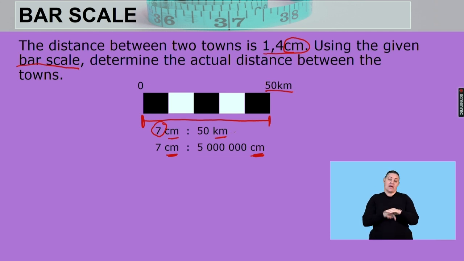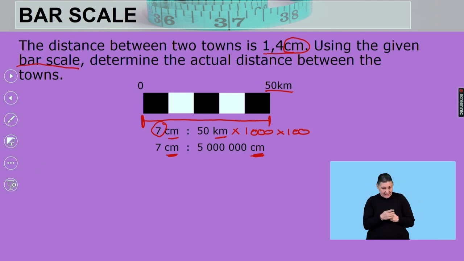I times this by 1,000. That's much better. And then I times it by 100. And that's how I got 5 million centimeters. It sounds like a lot. Let's see what we're dealing with. Remember, this has to do with actual distances, so in kilometers. And that's why it sounds like such a big number.